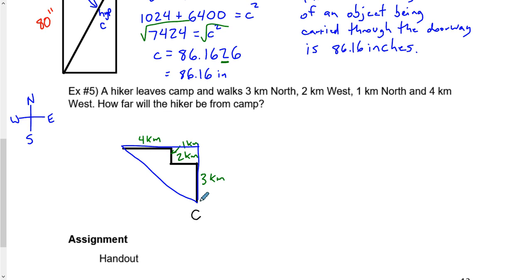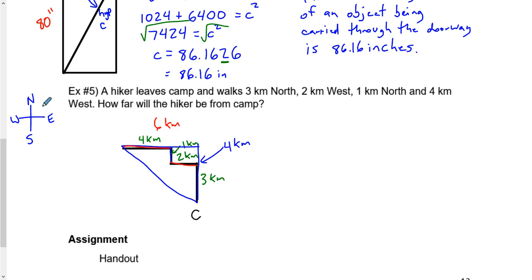Going north, this little part of it's 3, then we went west 2, then north 1, then west 4. The entire height here is 3 plus 1. Which means this entire length there would be 4 kilometers. The entire west direction would be comprised of this part and this part, 4 and 2, which sets it up as 6 kilometers.